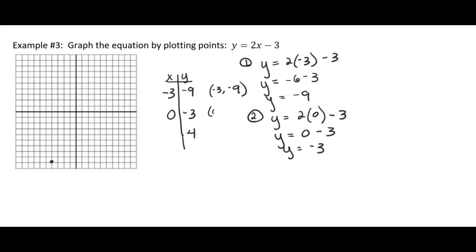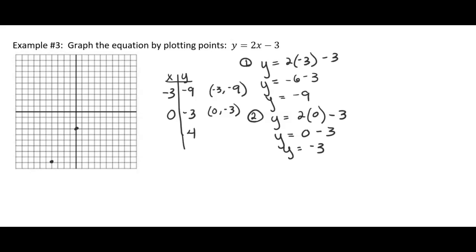I don't always write the ordered pairs out to the side. Sometimes I just take them off the table of values, but that's what the table of values is representing: these ordered pairs that we're finding. What we're finding is a solution to the equation. One of the solutions was when x is -3 and y is -9, so we graphed that point. Another solution we found was 0, -3, and we're going to graph that point right now. So 0, -1, 2, 3, it's right there.